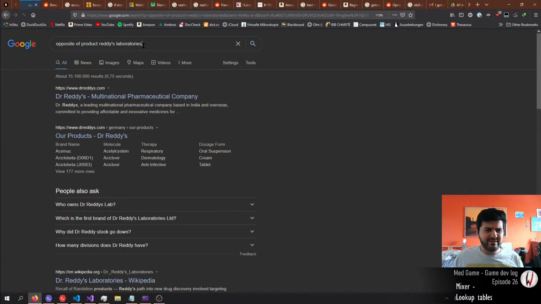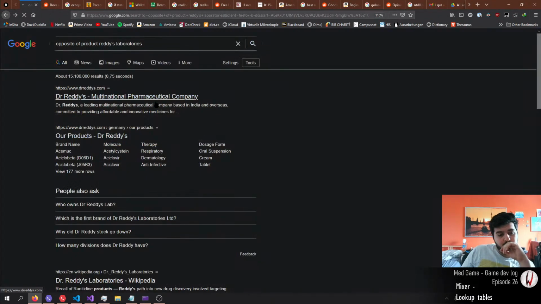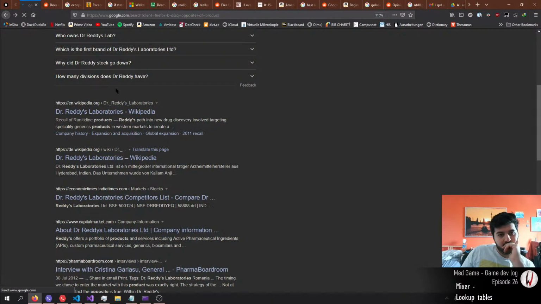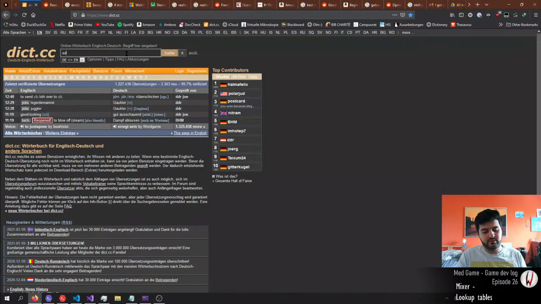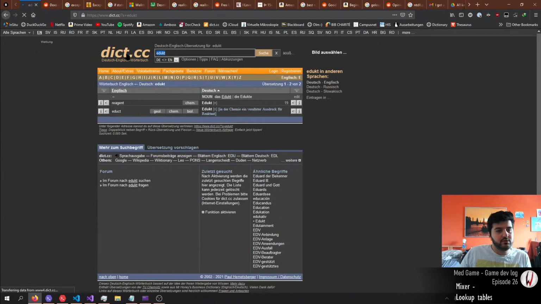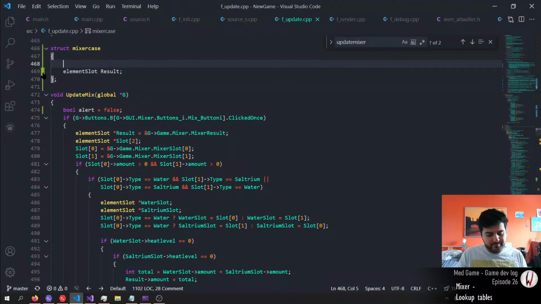I don't know the German one. It's Edukte. What's an Edukt? Produkt. Reagent. I like reagent. Alright, so I need an enum type called reagents.